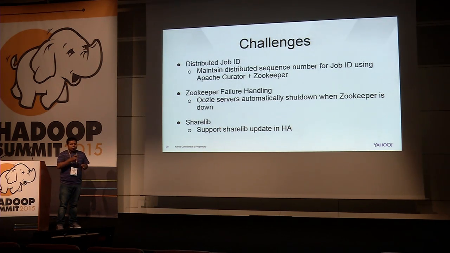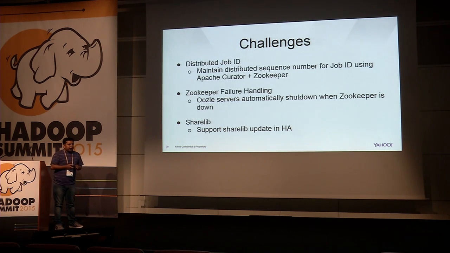That's it. Internally, we put them into HDFS and load them from there. Every time we have to upgrade to a new Pig version or Hive version, we just go and upgrade the ShareLib. The user doesn't have to know what jars they're using. So that was very useful and very easy for the users.